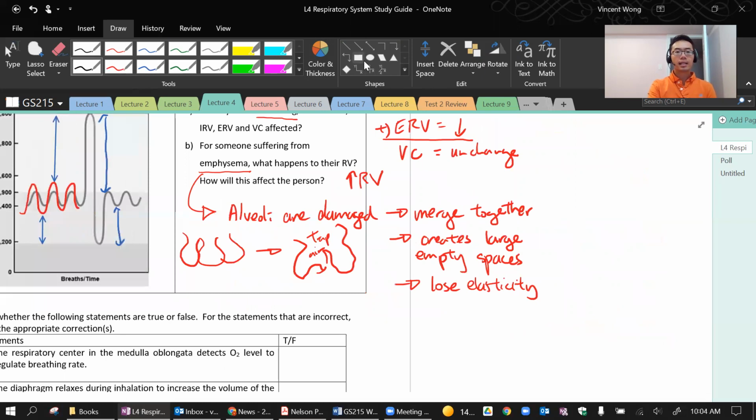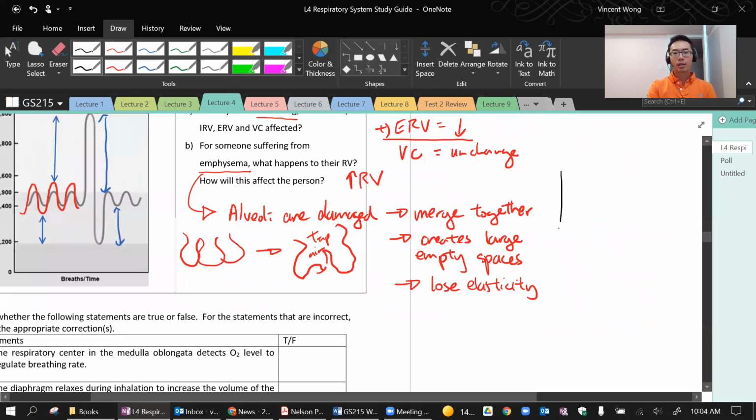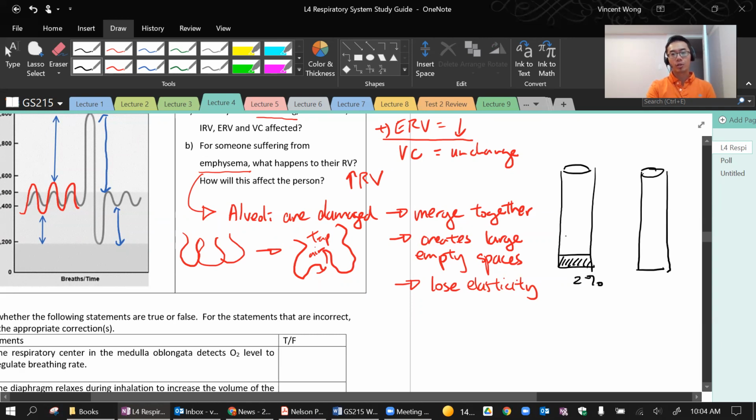Okay, as a picture to show you, think of the lung as a tube, right? Before, and these are totally random numbers, let's say you have this much residual volume, like 2%. That means you will have 98% capacity to do air exchange.